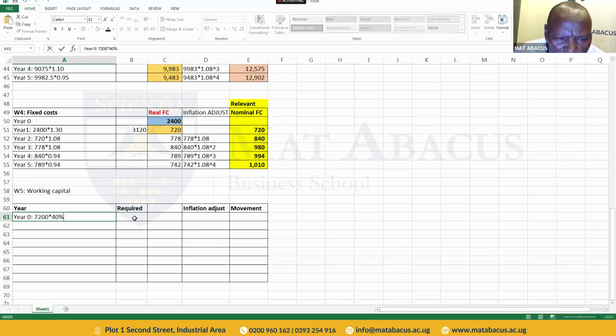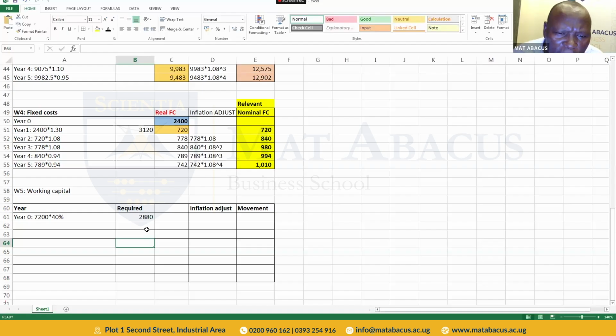You could start in year 1, it doesn't matter, but you could also start from year 0, 7,200 multiplied by 40%. I think I'm a little bit slow, but it is okay. That's what we have. Then we've got year 1.